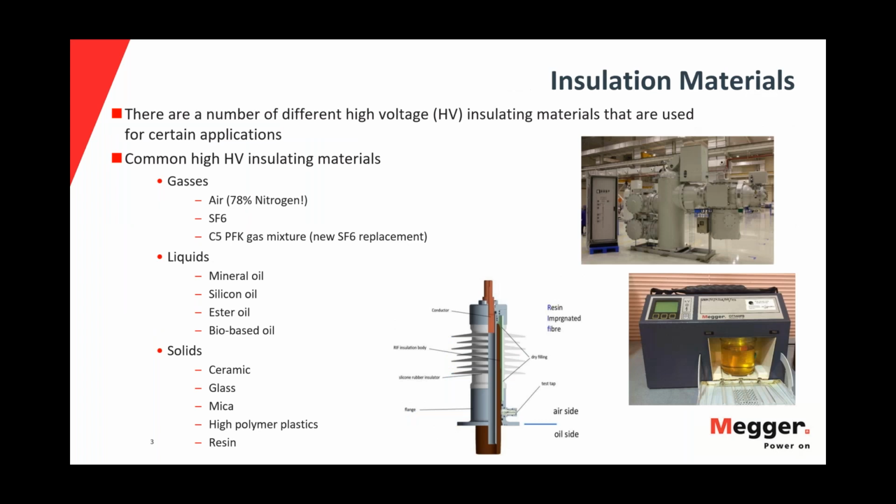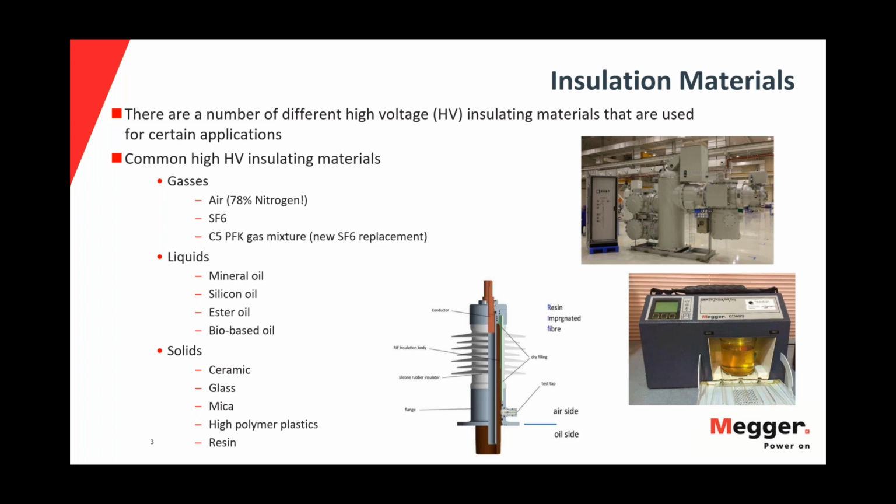type of insulation used in high voltage insulating materials. There is gases, various gases like air, SF6, liquids, for example, there are mineral oil and silicone oil, various oils, and then there are solids like mica, resin, ceramic. Each one play a role in a different way in partial discharge testing.